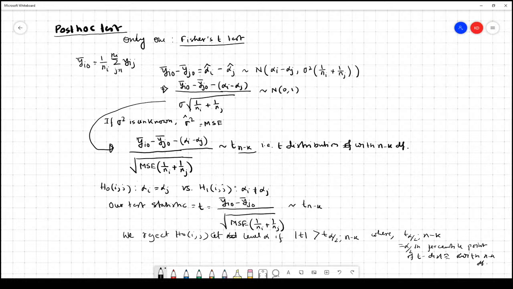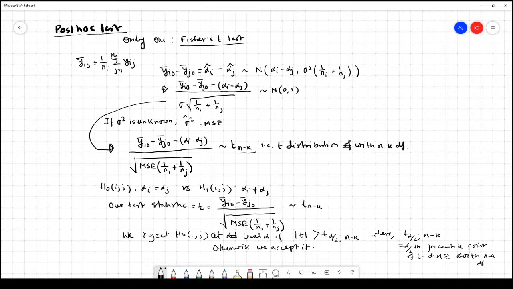Otherwise, we accept it. So this is the decision rule.